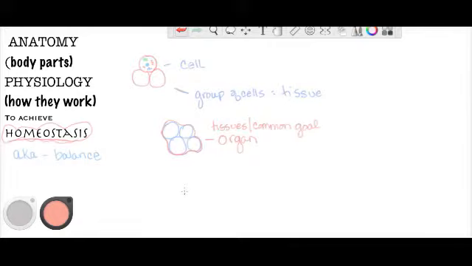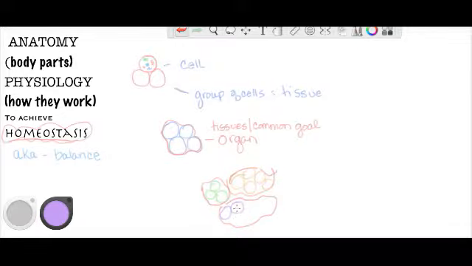And then once we have organs that work together to sustain a body, and of course these are various organs, and they're all doing different work, let's say, in the body, and they're all comprised of tissues and cells and so forth.